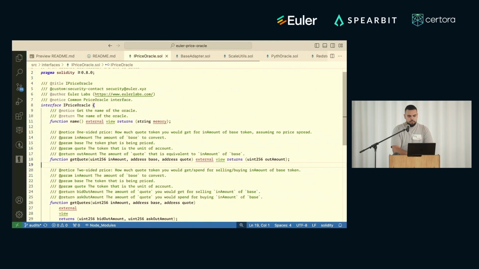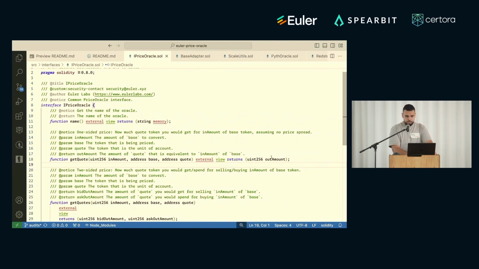If we take a look at this getQuote method, you will see that it takes 3 parameters: inAmount, base and quote, and returns an outAmount. Basically it works like this. If you give it 1E18, base asset is WETH and quote is USDC, you expect this to return something like 3,800 E6.